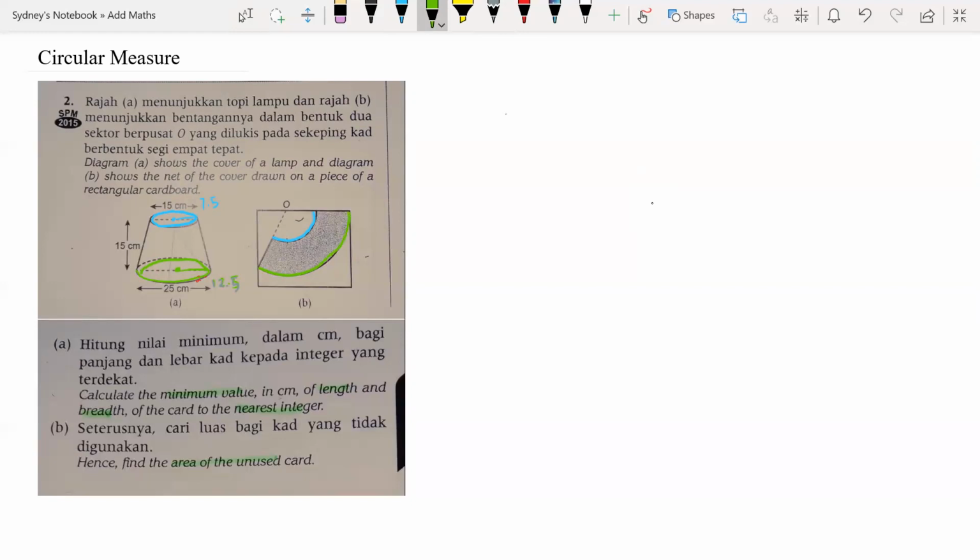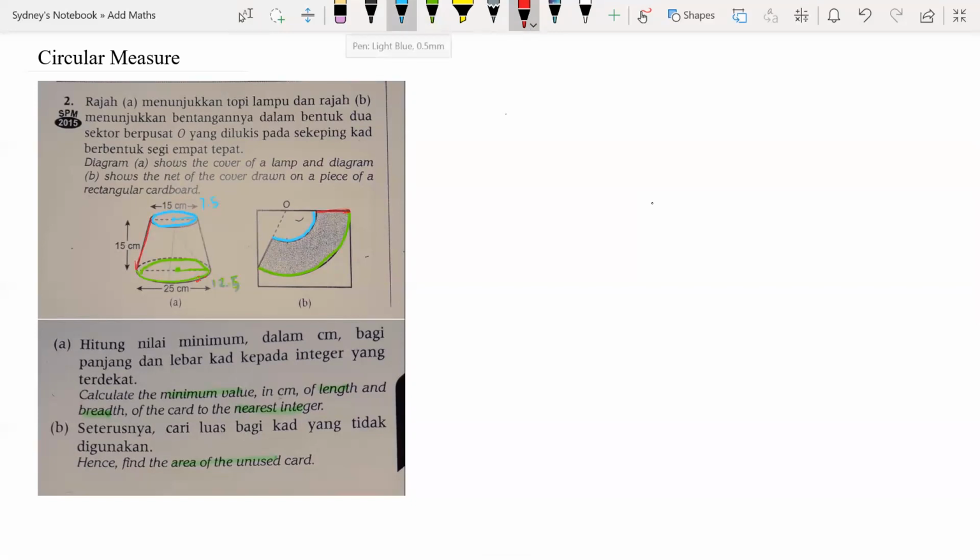We also know that the slanting length, when we cut it open, is the length between the blue arc and the green arc.